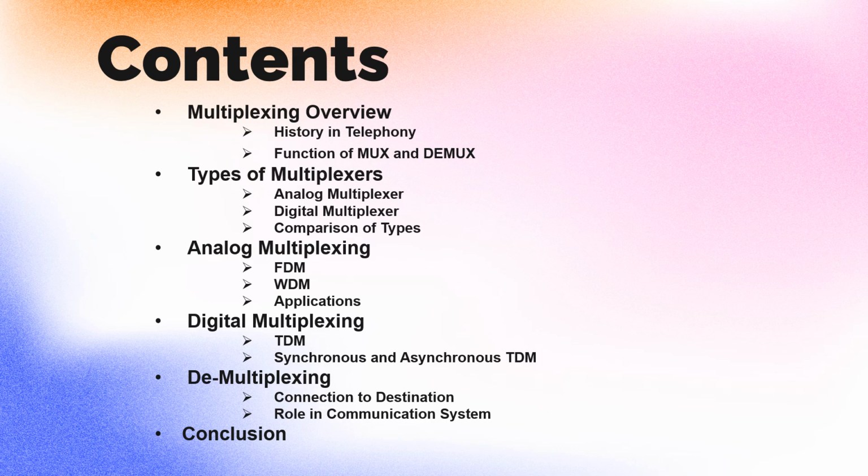Multiplexing overview, where we can see history of telephony and function of multiplexing and demultiplexing. After that, we are going to discuss types of multiplexers, where analog multiplexers, digital multiplexers, and we can make the comparison of their types. After that, we're going to explain analog multiplexing, where we can see FDM, WDM, applications of them, and digital multiplexing, where we can see TDM and synchronous and asynchronous TDM.